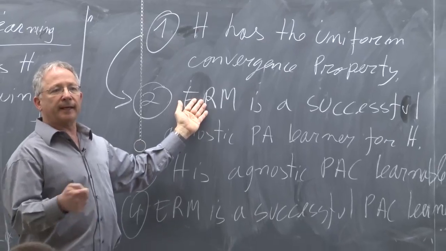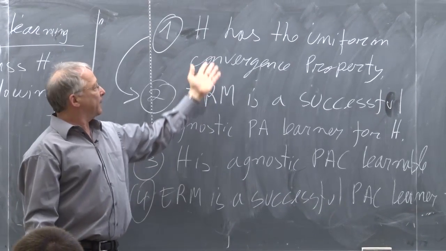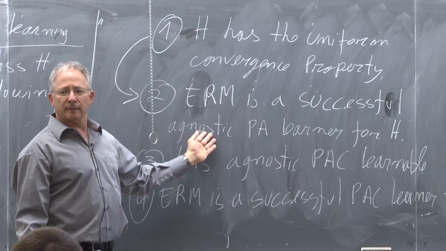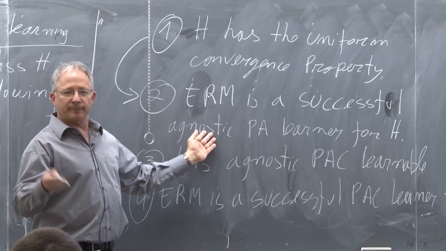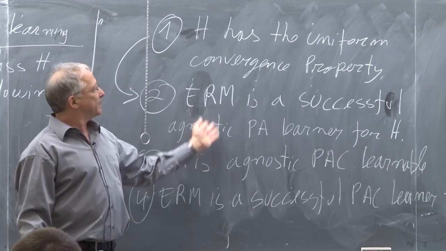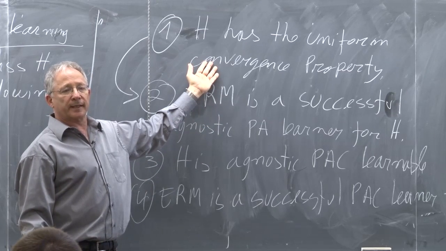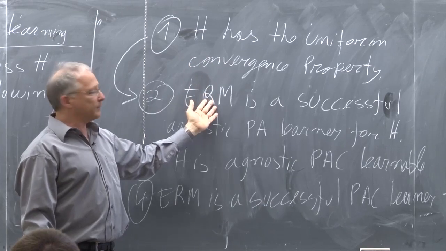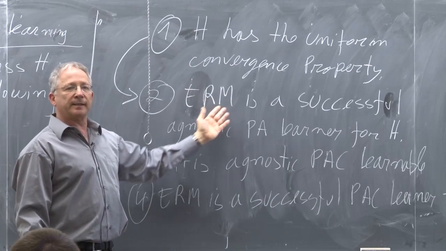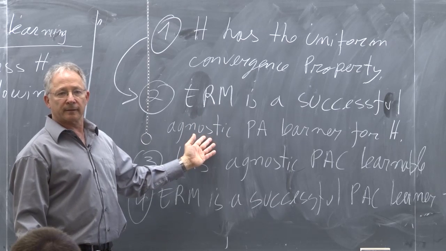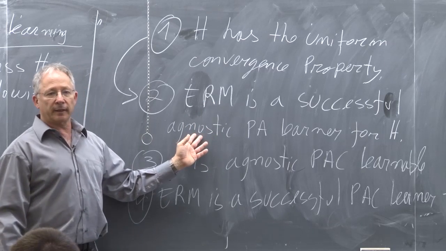I can minimize the error over the sample. The sample is representative, so it minimizes the error over the class. This should ring a bell. This says with high probability I generate representative samples. Representative sample means that if I minimize the error over the sample, I also minimize the error over the class. So ERM is a good learner.